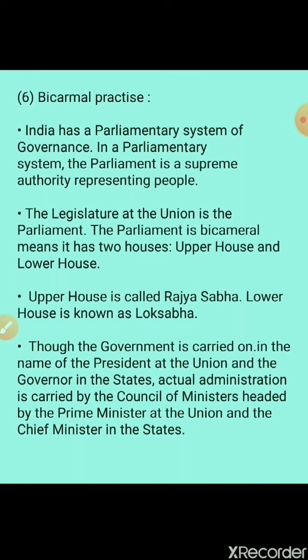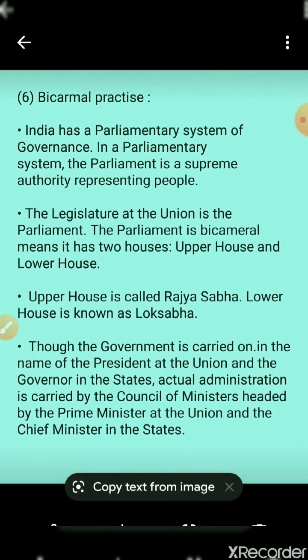Then the fourth one, a centre with a strong federal structure, in which we saw the union list, the state list and the concurrent list. We also saw the residuary power. And the fifth, the last part we saw till now, was the unified arrangement during crisis. That much part we have seen in the before part.